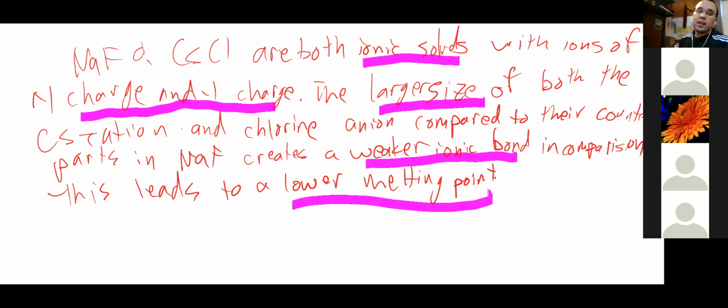So sometimes what I see is you might know the end result. You might be able to tell me that cesium chloride has weaker forces, but you might not be able to explain why it's a weaker force. Right? And so that's the part when you have questions where you have to write out an explanation: make sure that you answer the why, not just the what.